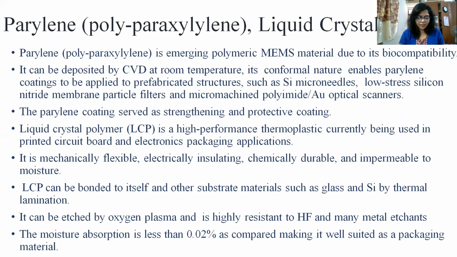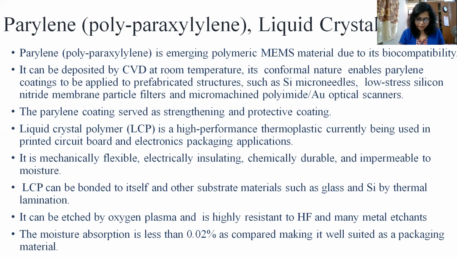Now the last section, that is liquid crystal polymer. High performance thermoplastic currently being used in printed circuit board and electronic packaging application. It is mechanically flexible, electrical insulating, chemically durable and impermeable, resistive to moisture.